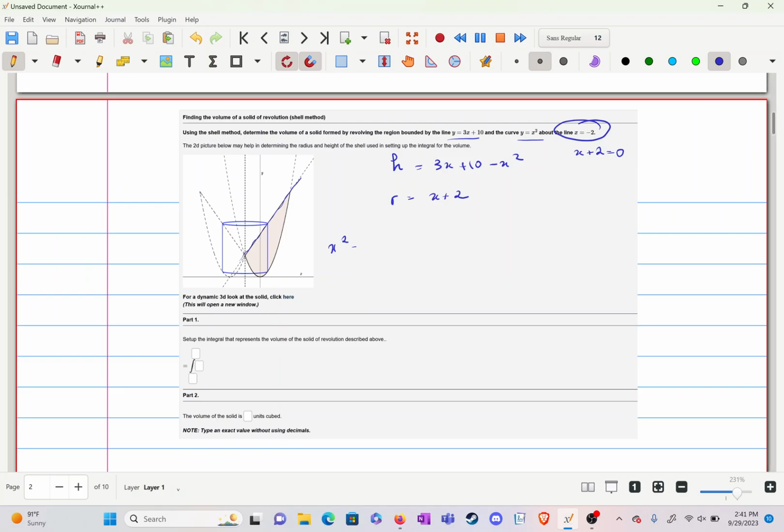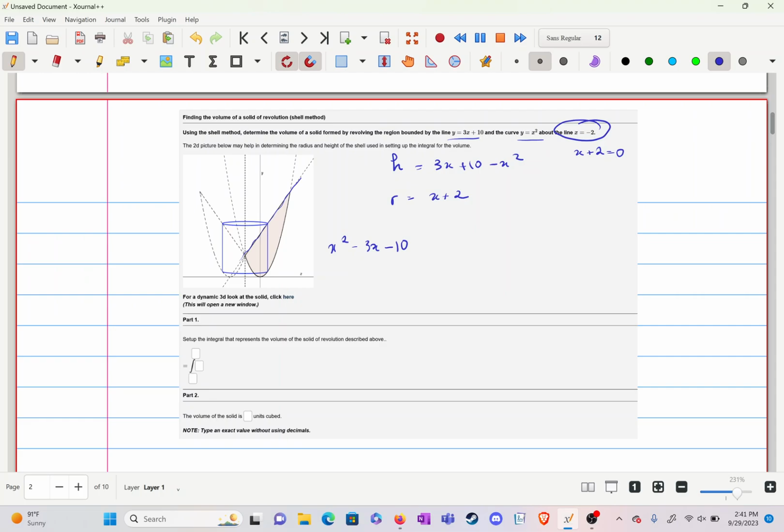Positive x squared minus 3x plus 10. And what do we have that can equal 10? So we have 5 times 2. Positive 5, positive 2 is 10. Oh, wait, it should be negative 10. Okay, that's what I was thinking. That can't be right. Okay, so we have a negative 5 and a positive 2.